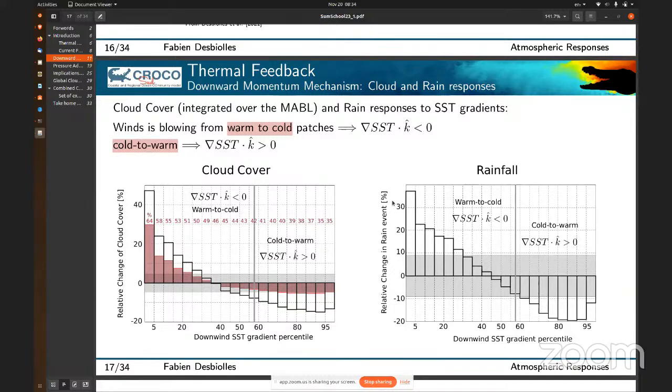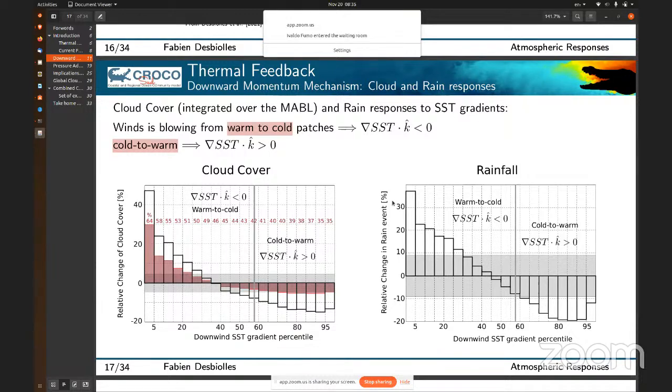On the left, we see the relative change in cloud cover, and on the right, we see the rainfall response. And what we see is that when we have a scenario blowing from warm to cold, we create convergent cells that favor upward movement, and then we have more chance to have a cloud and more chance to have rain. On the contrary, if we are in a cold to warm scenario, we create divergence.